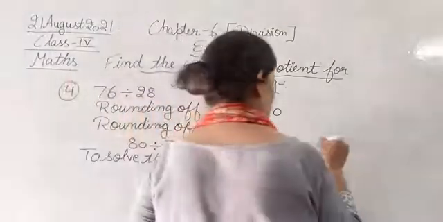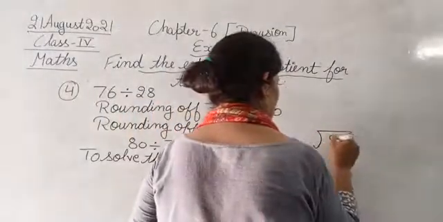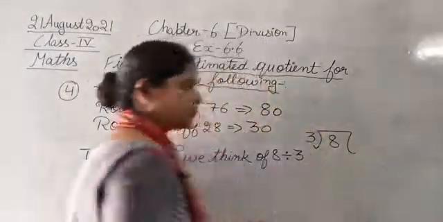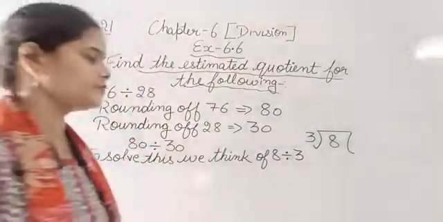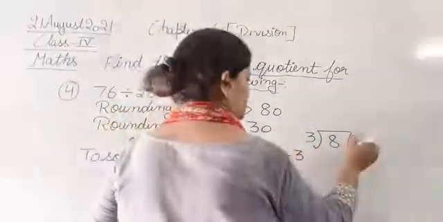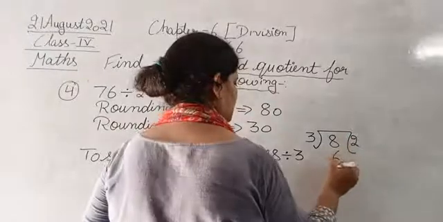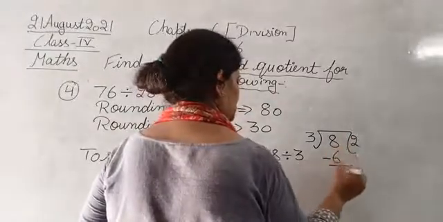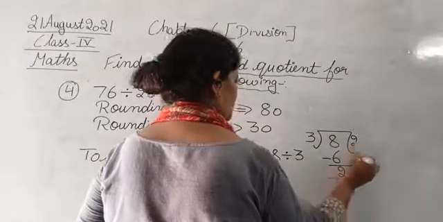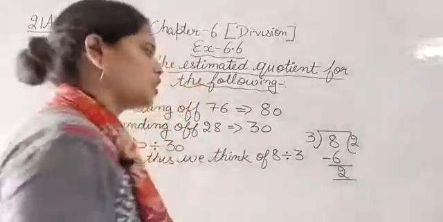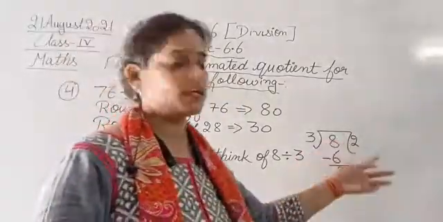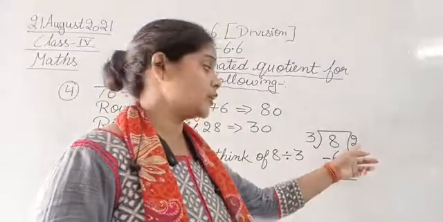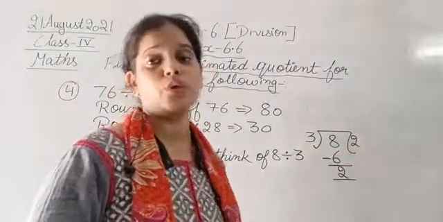So let's divide it. 8 divided by 3. 3 twos are 6. 8 minus 6, 2. Now we don't have any other number in the dividend. So the quotient is 2 and the remainder is also 2.